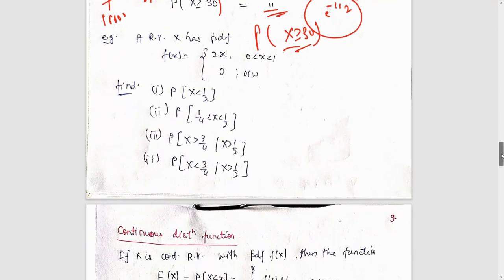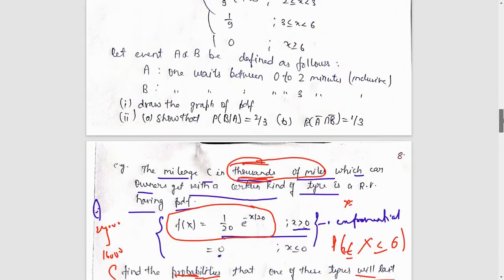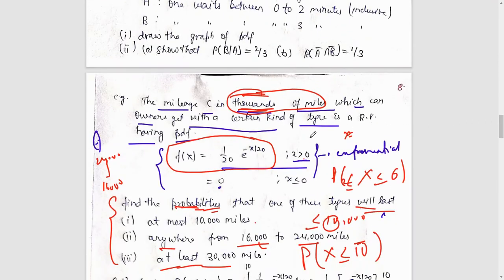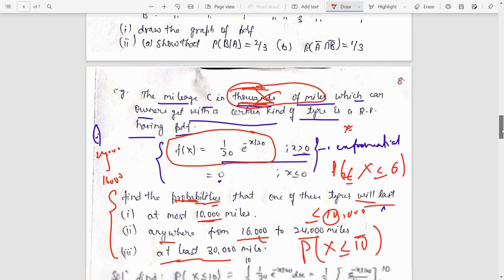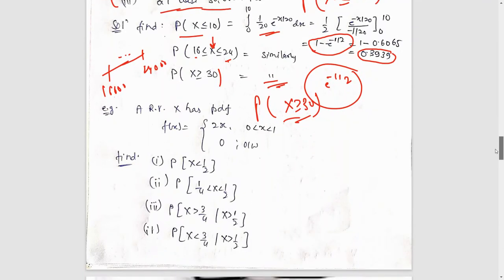Somewhere it may be given indirectly, and this is how they want to confuse the student, whether they are taking 10 or 10,000. So they will not give this directly. They will just say the mileage in which a car owner gets with a certain kind of tire is a random variable with a given PDF. In that case, you need to apply this particular thing. That's how you get to the probability.